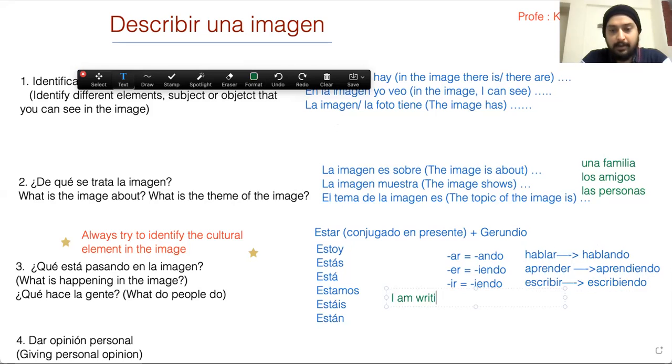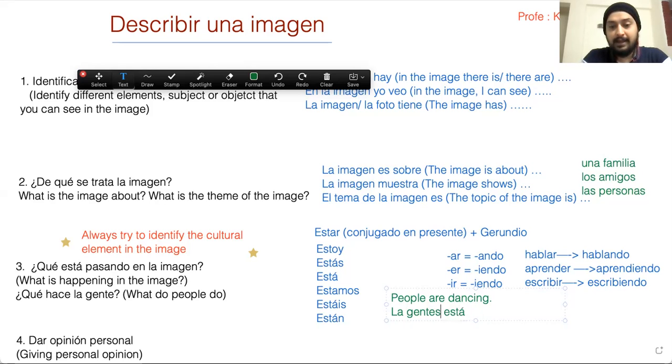I am writing, or people are dancing in the image. People are dancing. And there is a common error that most of the time Spanish students make, they say las gentes están. It's incorrect. We always use la gente. It means the people. It's singular in Spanish.